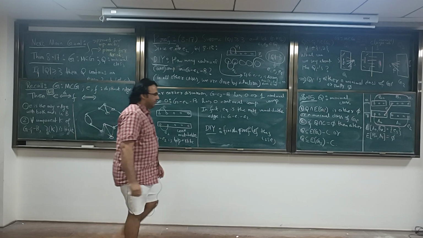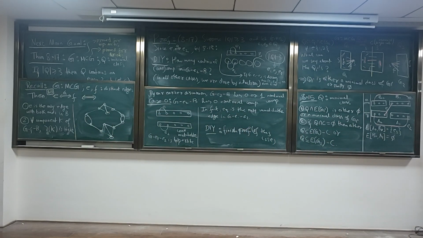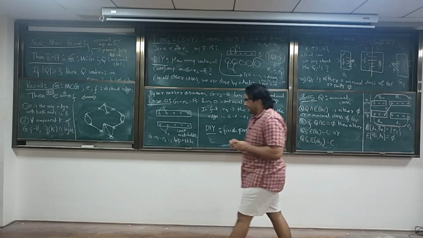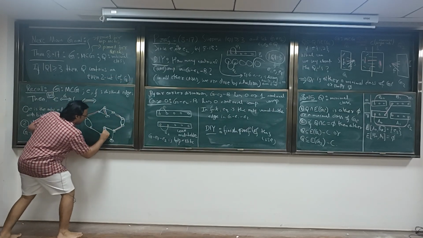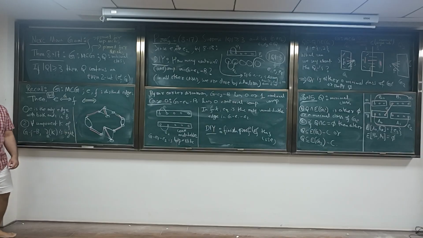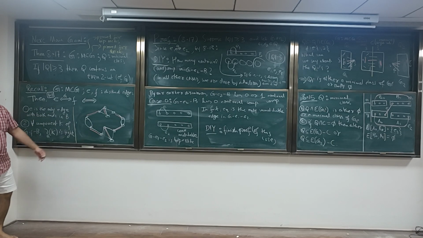Here, we have a minimal class of cardinality n by 2, perfect matching, right? This is a minimal class with how many? 1, 2, 3, 4, 5, 6 edges.